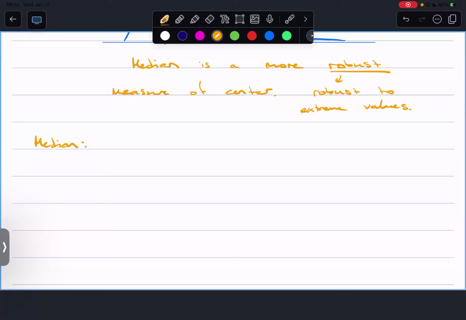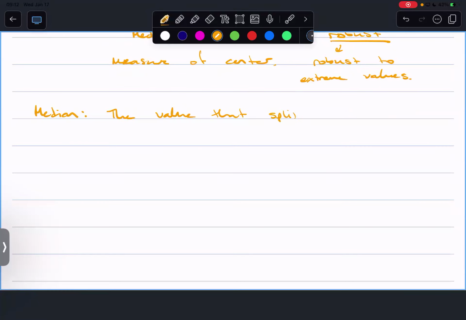And so smallest to largest, then you find the midpoint and that's your median, right? And so the median is the value that splits your sorted data in half.